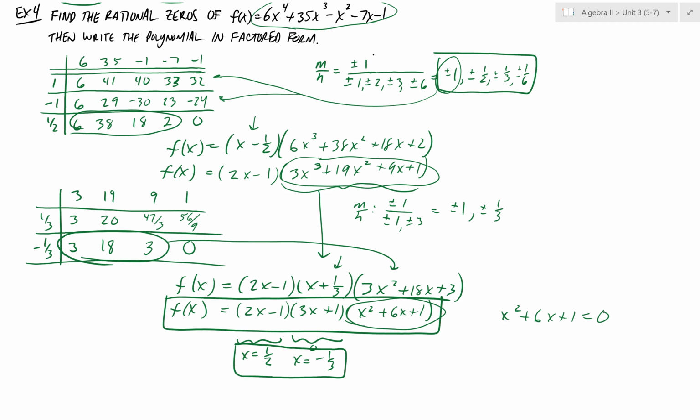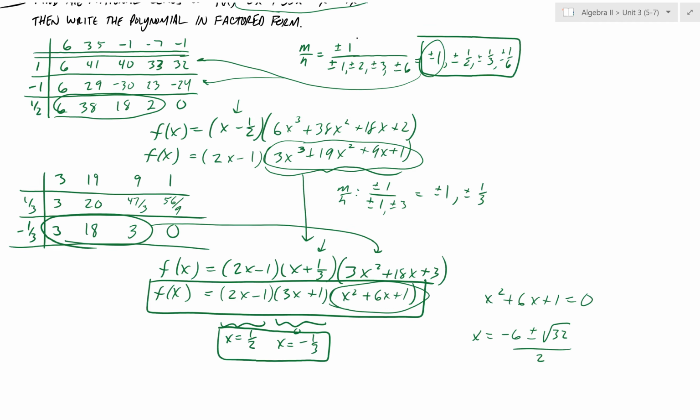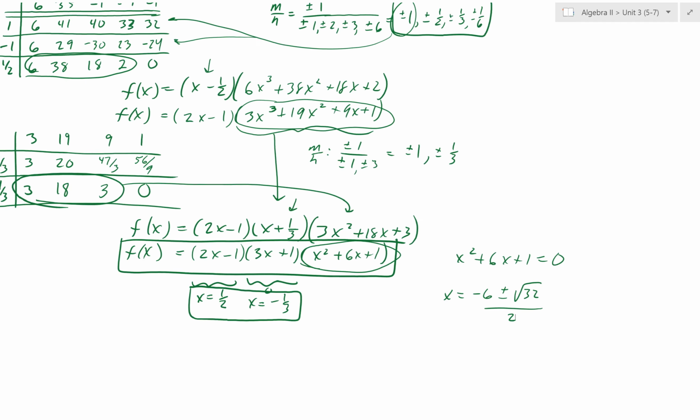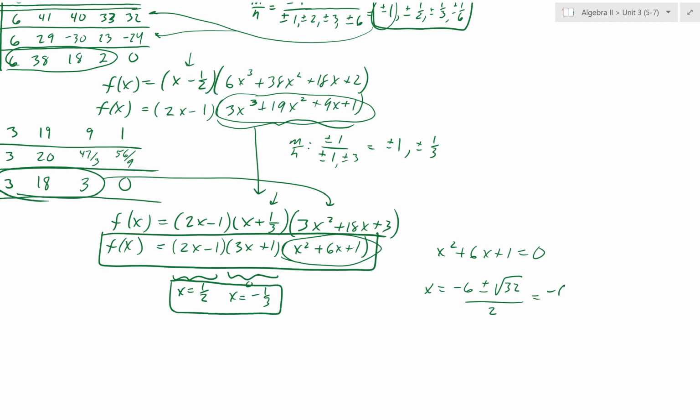and enter in 1, 6, 1. Okay, so the discriminant is 32, so we get negative 6 plus and minus 4 root 2 over 2.